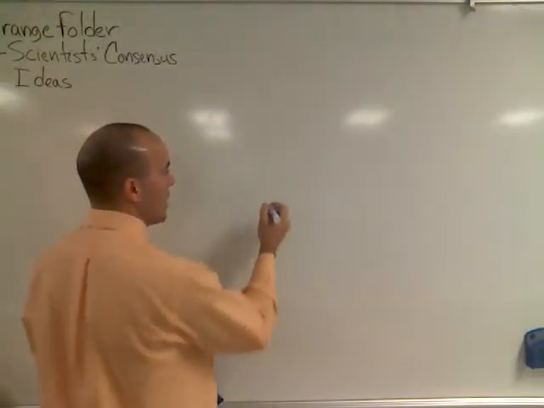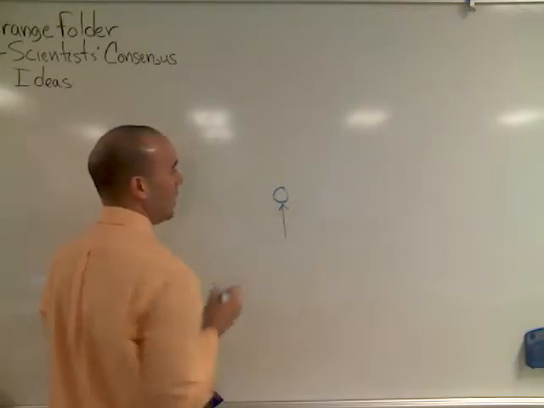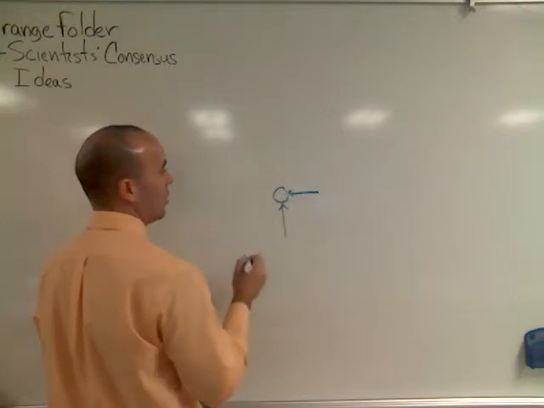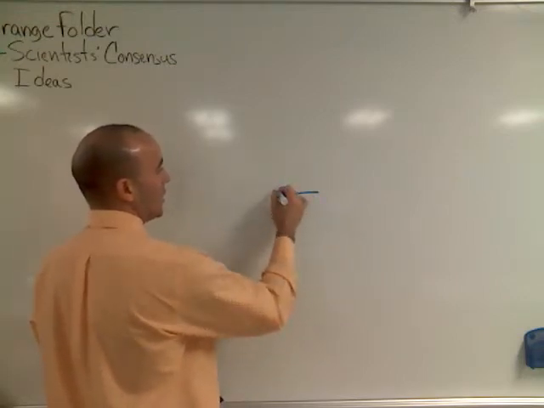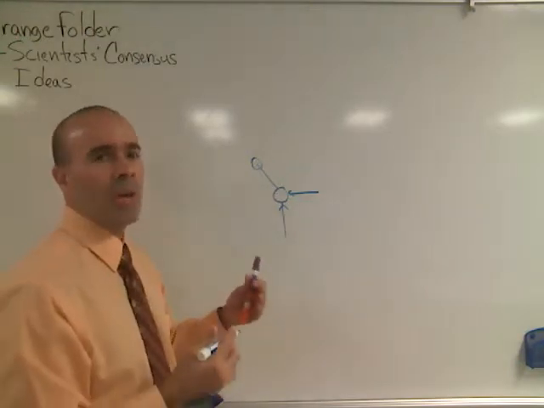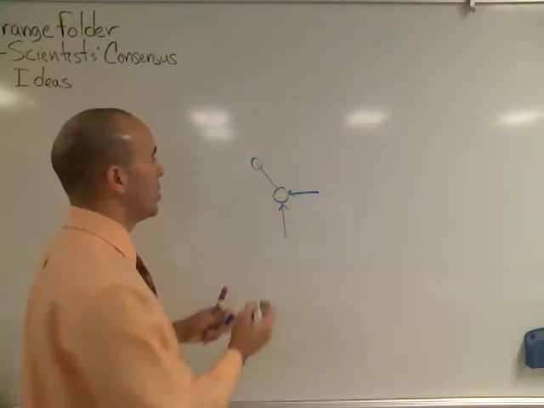As an example, let's say that I have this ball. Right? And then I hit the ball perpendicularly. It's going to turn. How much it turns is going to depend on the speed of the ball and the strength of the force. But it's going to turn.